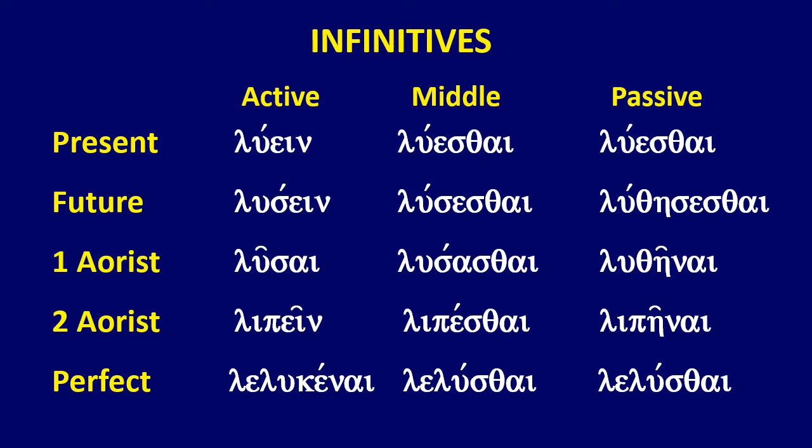Now let's take the present active luein. How would we translate that? Well, apart from a context, we can't say definitively, but a simple gloss would be simply to loose.